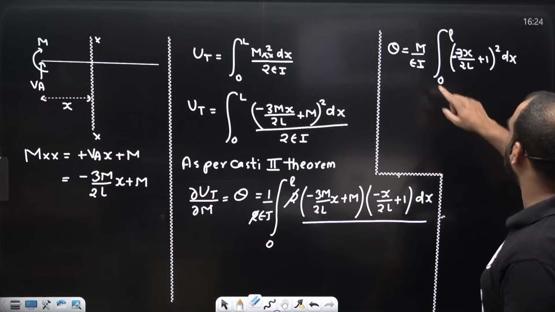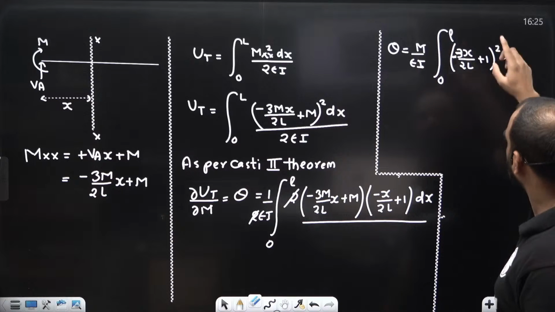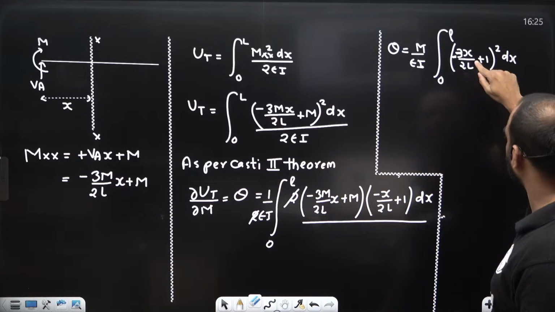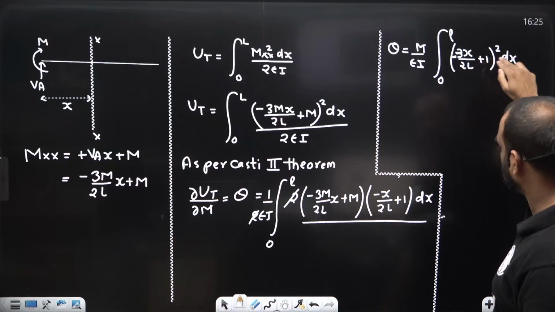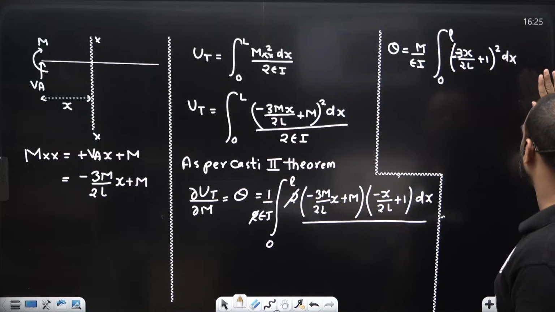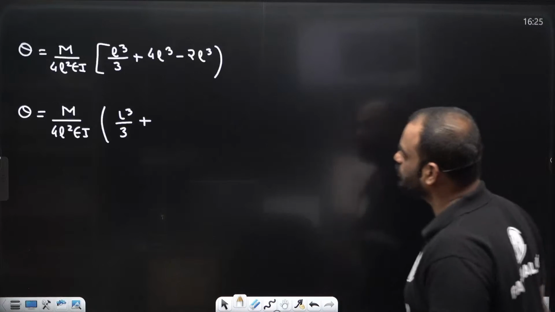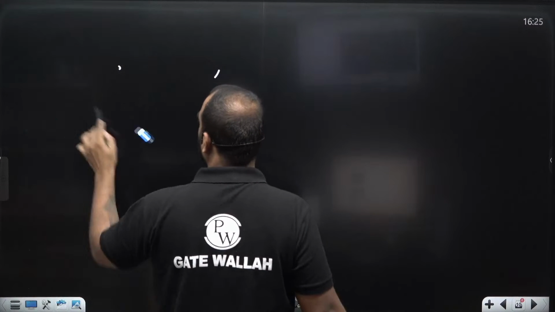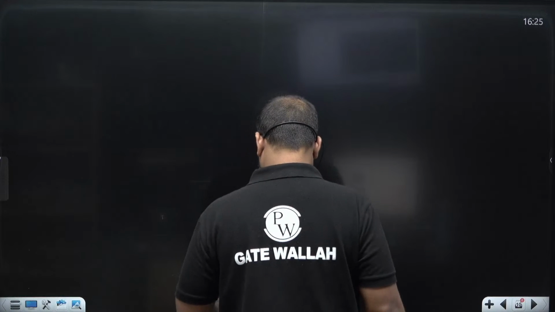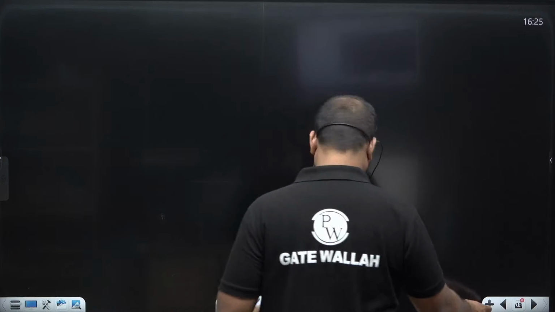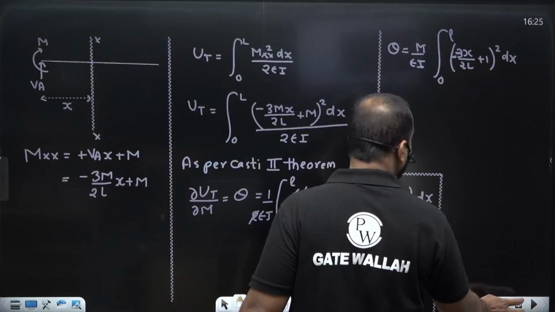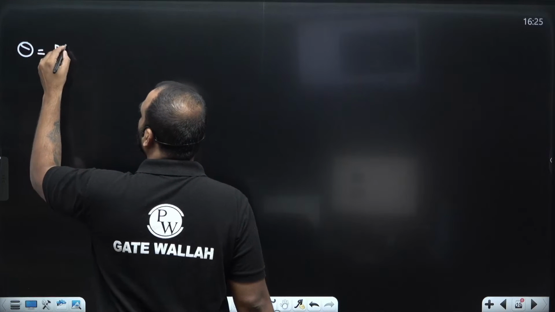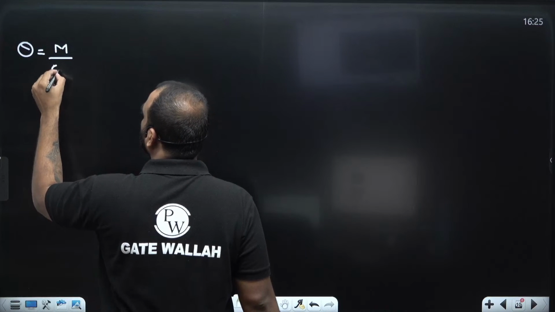So we have theta is equal to M by EI integration 0 to L, bracket minus 3x divided by 2L plus 1, bracket whole square dx. This is our equation. We'll use this particular equation. Let us write it here. So theta is equal to M by EI.